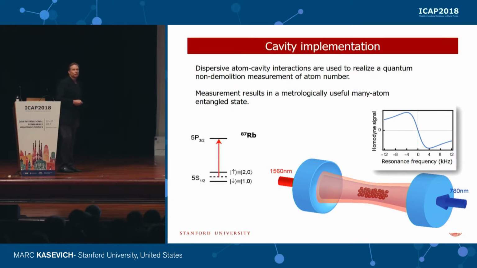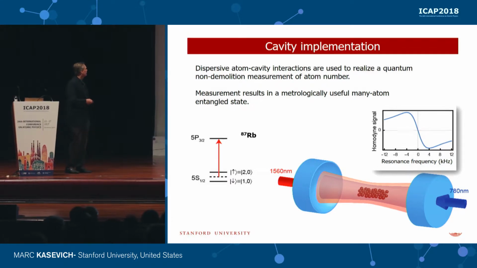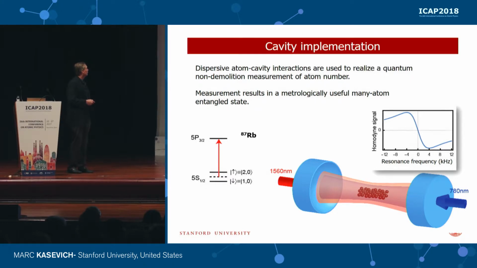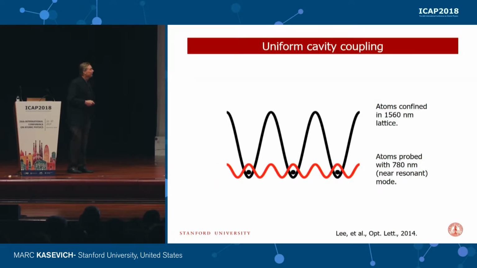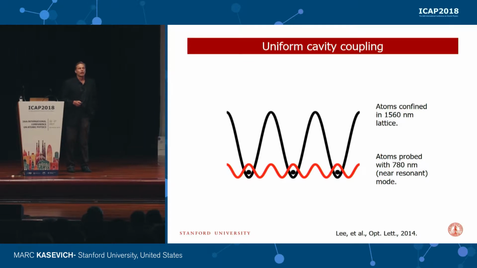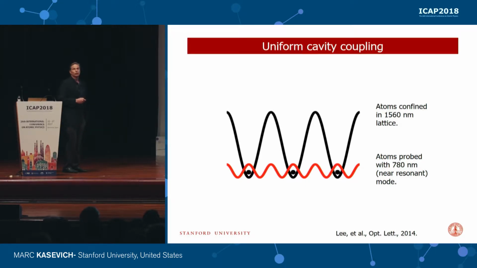Crucial to the results I just showed is that the atoms are also confined in a well-registered 1560 nanometer laser, as I'll show on the next slide. The idea here is that the 780 nanometer laser is there to measure the index of refraction of individual or collection of atoms. And you want to make sure that measurement happens with uniform coupling across the ensemble.